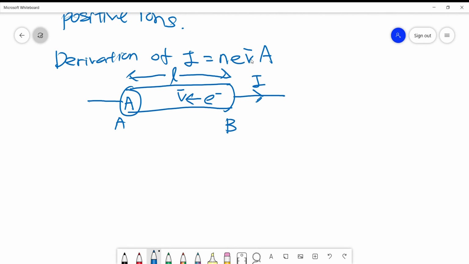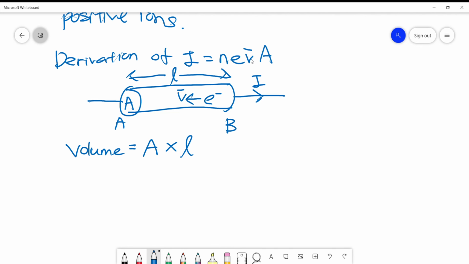First of all, we know that the volume of the wire is always equal to the cross-sectional area multiplied by the length.